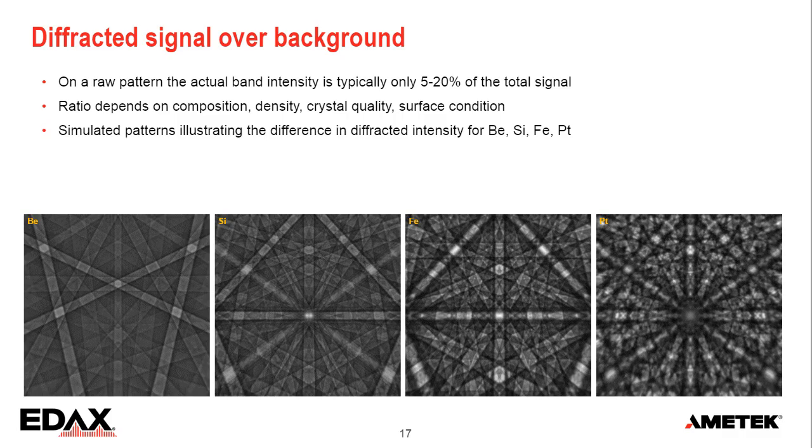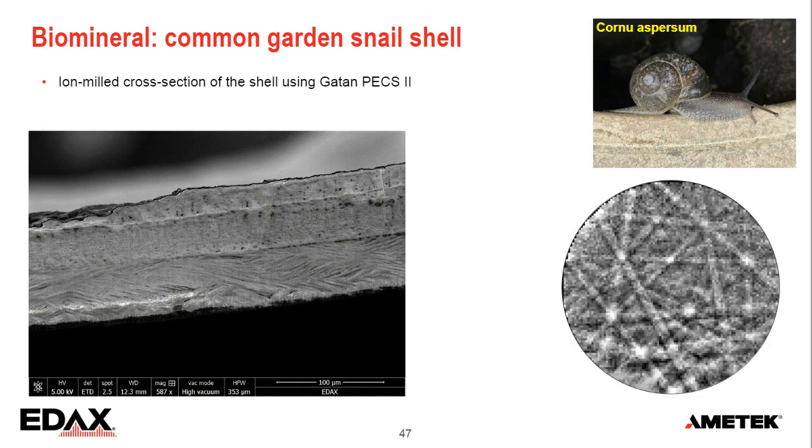Okay. On slide 47, in regards to the shell, it's a very brittle material. How are you able to prepare a flat sample out of it, including the use of ion milling, without distortion or damage for getting good EBSD patterns? Yeah, it is indeed a very brittle material. It was actually so brittle that it broke of its own, and I could use the fracture surface to look at the surface of the material.